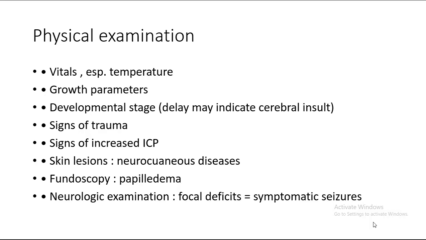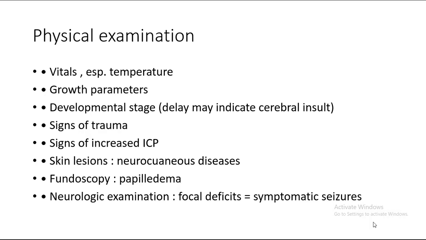But if the child is safe, not having any problem and is not seizing, then we can obtain an appropriate detailed history and then start the examination. We start with the vital signs, especially the temperature, and the growth parameters; if they are disturbed it means there is something wrong and chronic. Developmental stage: if he has developmental delay it may indicate some underlying neurological disorder.